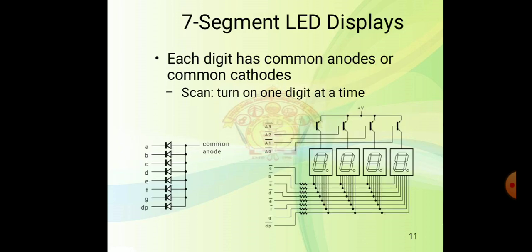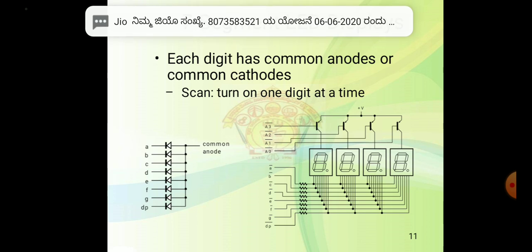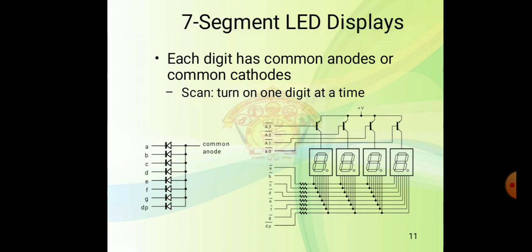And then we know the 7 segment display, the 7 segment LED. There are 7 LEDs, and one more LED is used for the dot purpose, so you can use 8 LEDs or 8 segments also. Each digit has a common anode or common cathode display.